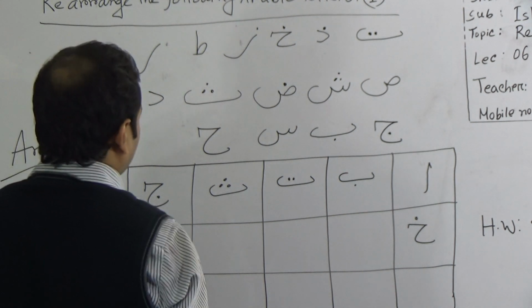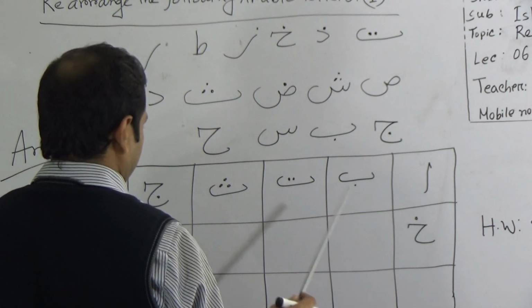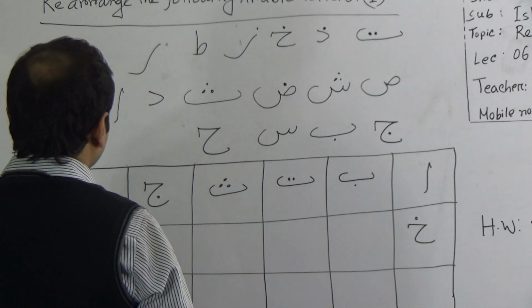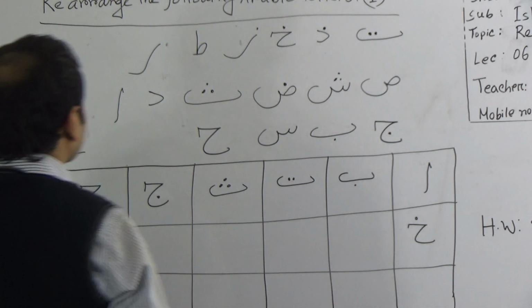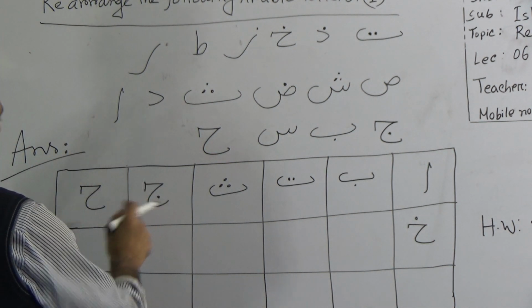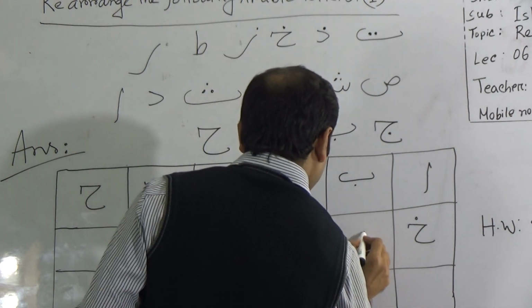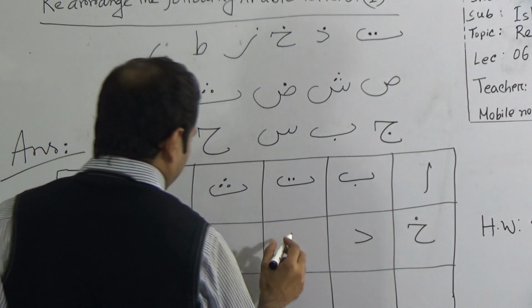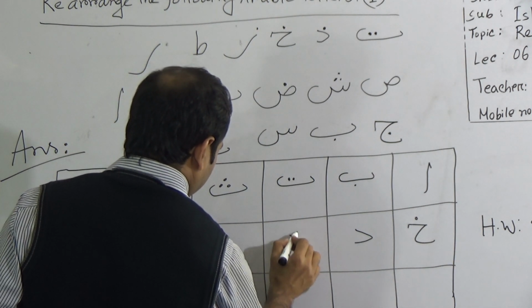Now after kha, the letter dal will come. Where is dal? Dal is written in the second line. So we'll write dal after kha, and after dal, zal comes. So zal.